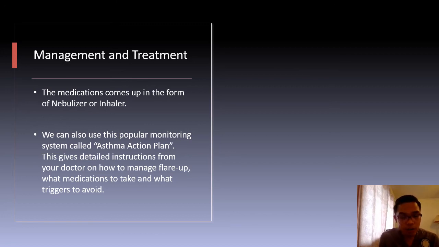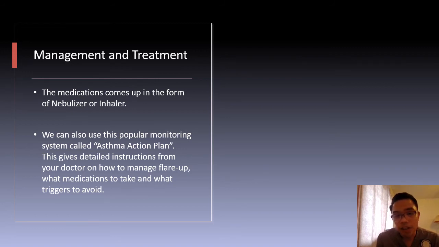Yellow is kind of worse. You have to be very cautious, as one of the symptoms of asthma is already triggering. And lastly, the red one is urgent care, in which you really have to go to the hospital and inform your doctor.